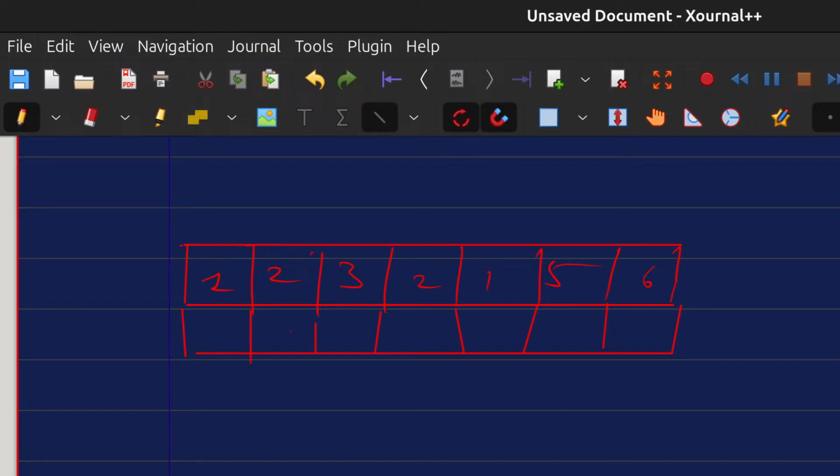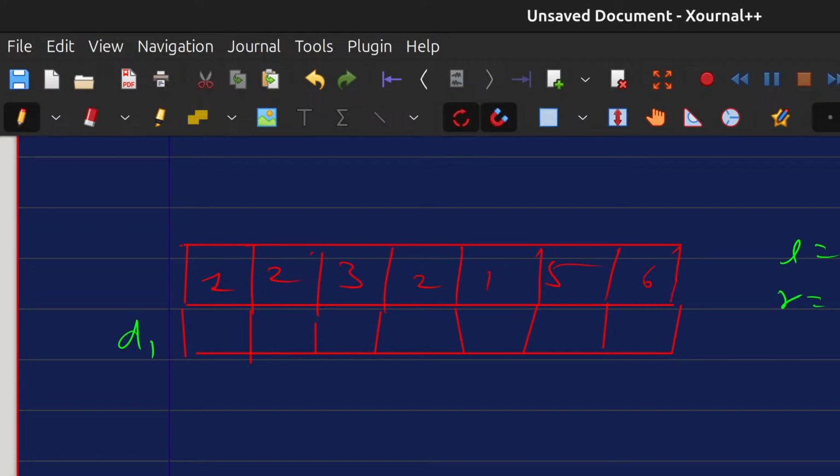Okay, like this, and then this is D1 array. Okay, and L is equal to 0 for right now, and R is equal to -1.